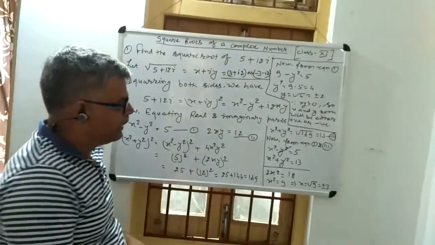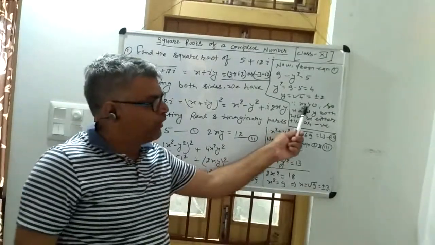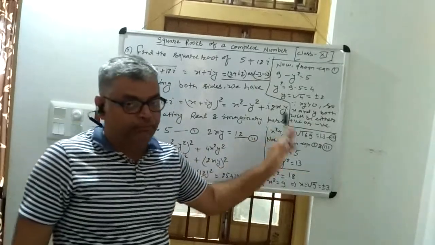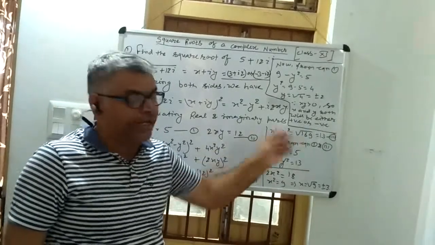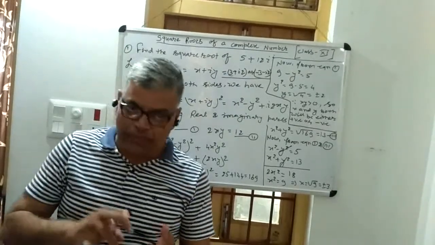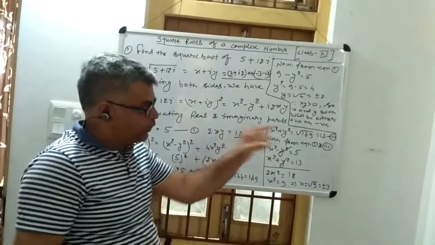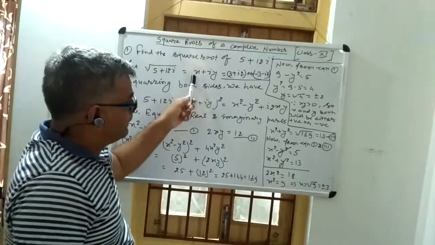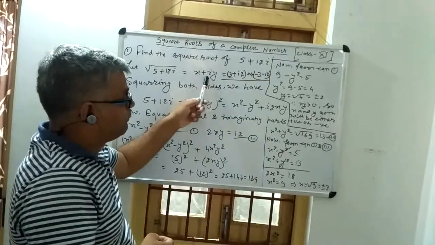Now from here you can see that the value of xy is positive, the value of xy is greater than 0. So x and y both will be either positive or negative at a time. When x is positive, then y will also be positive. When x is negative, then y will also be negative. So in this way, you find the required complex number, putting the values in x plus iy.